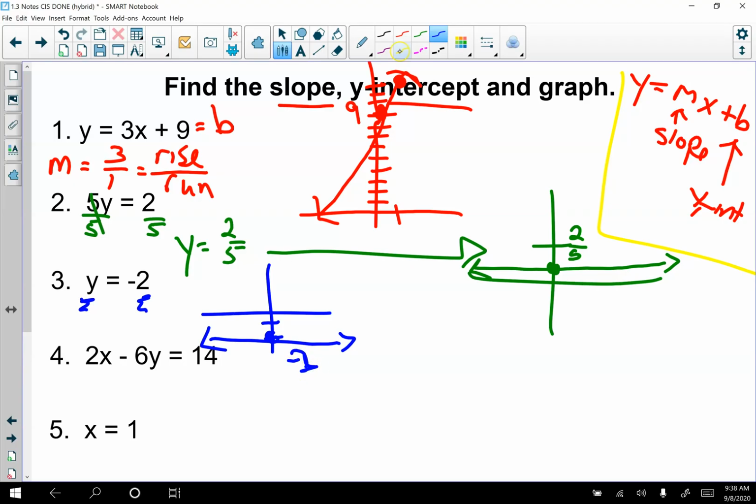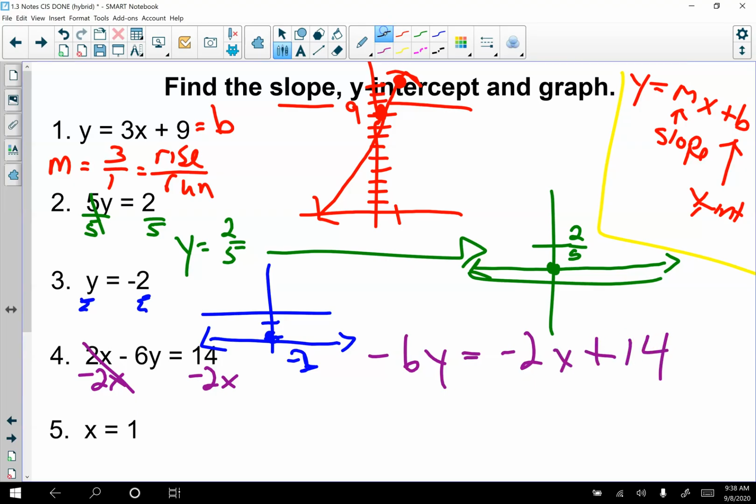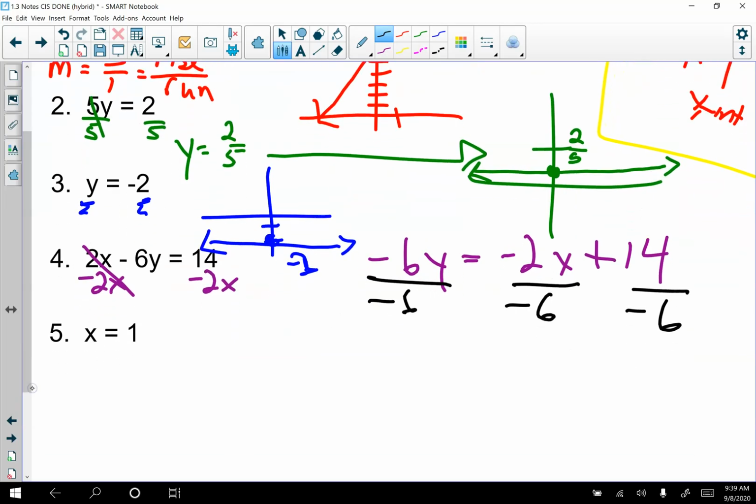Number 4, I have to change this into slope-intercept form, so I'm going to subtract 2x. And I end up with -6y equals -2x plus 14. And then I'm going to divide everything by -6. I'm going to do everything individually. I prefer you to do that. It's easier. You don't make as many mistakes when you simplify then.